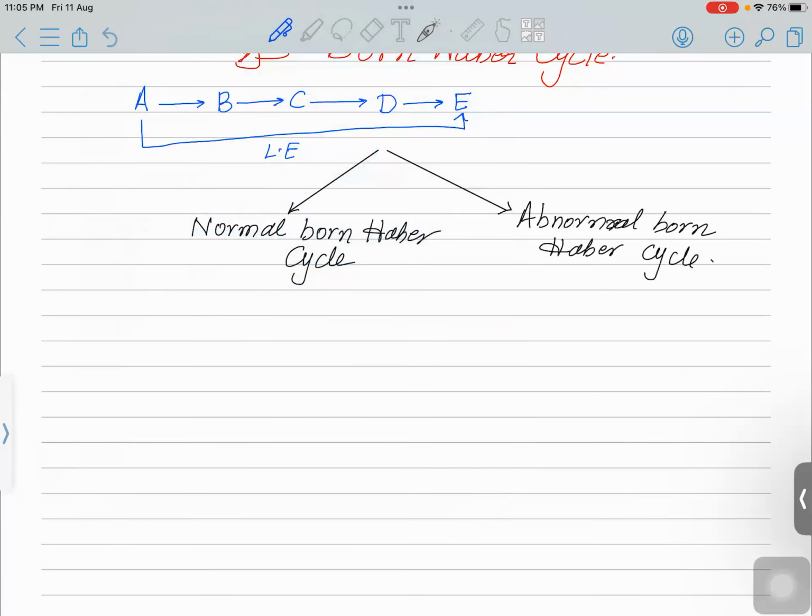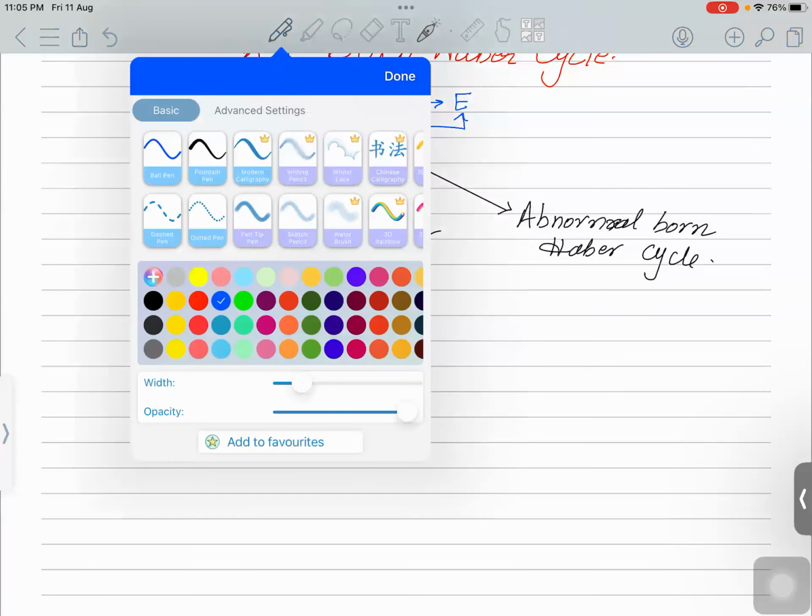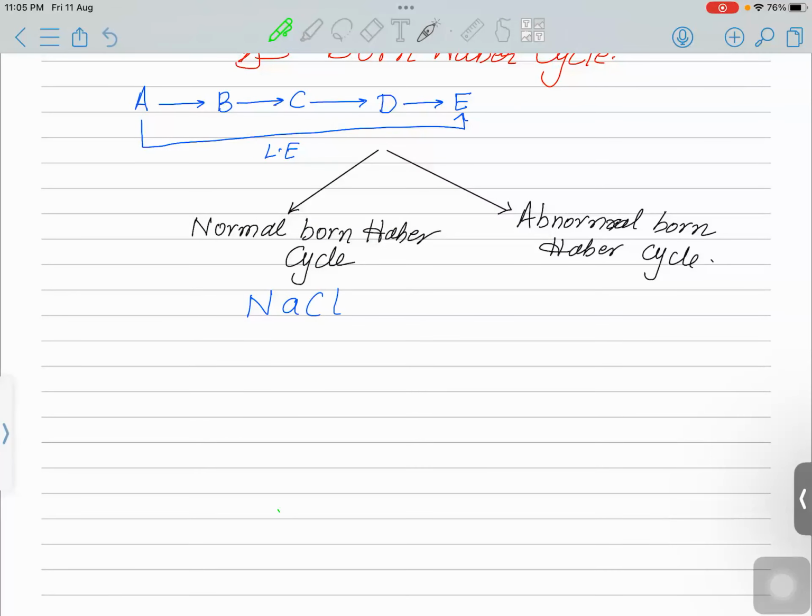Alia, tell me, this is a salt, NaCl. Can both of you tell me how many elements are in the anion? One, that is Cl minus.